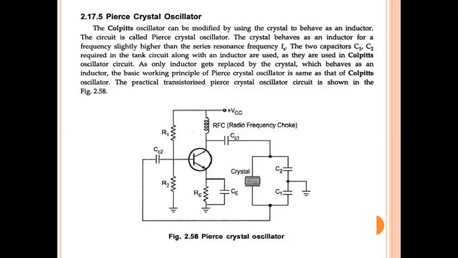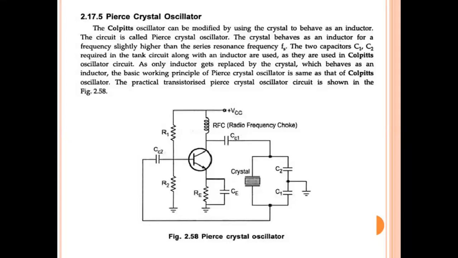As only the inductor gets replaced by the crystal, which behaves as an inductor, the working principle of the Pierce crystal oscillator is the same as that of the Colpitts oscillator. So here the difference between the Colpitts and Pierce crystal oscillator is only the crystal. In that case, we are using an inductor.